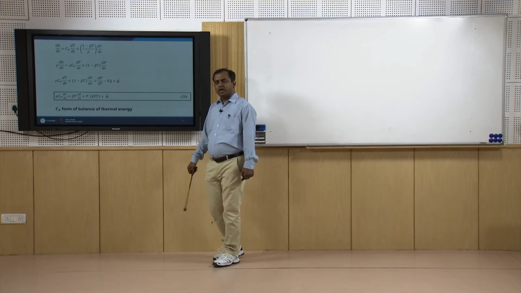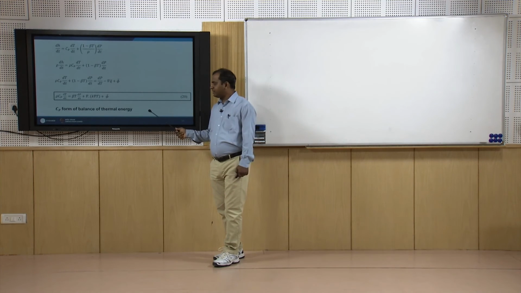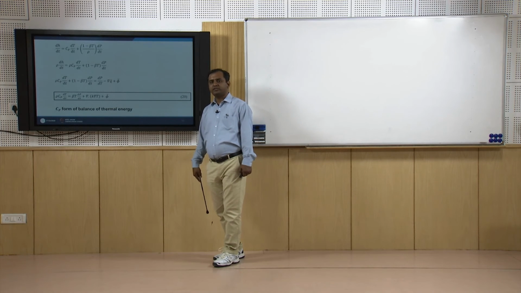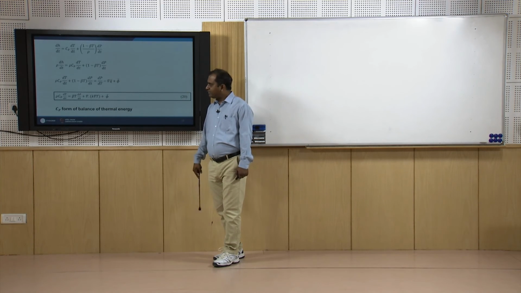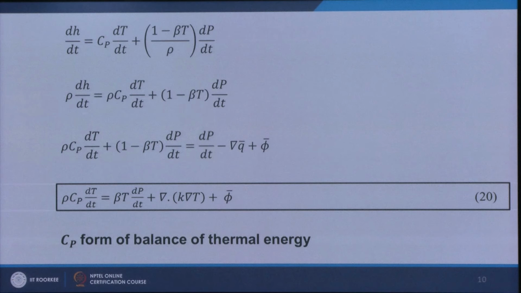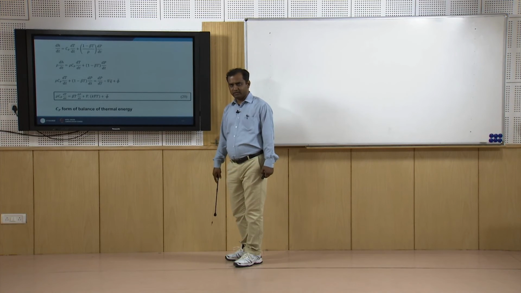So, what we have seen is that at the beginning we converted our thermal energy balance equation into entropy form, and then we got two important forms, one is the CV form and the other is the CP form, involving CV and CP respectively. So, these three forms we have newly learnt in this lecture.